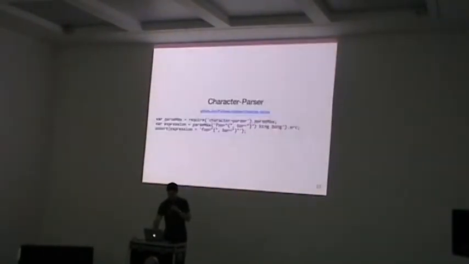Okay. Then internally we use the character parser. This is really just there to handle the intricacies of the fact that Jade accepts JavaScript expressions within the source code. To do that, we need to be able to tell when a JavaScript expression starts and when it ends. Say we've got a JavaScript expression that's in brackets.